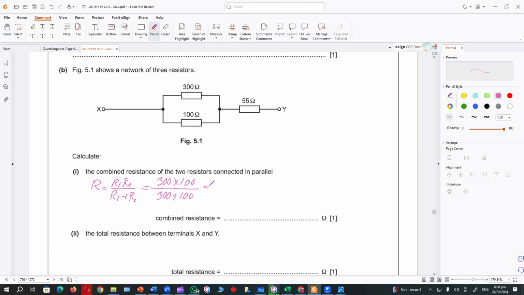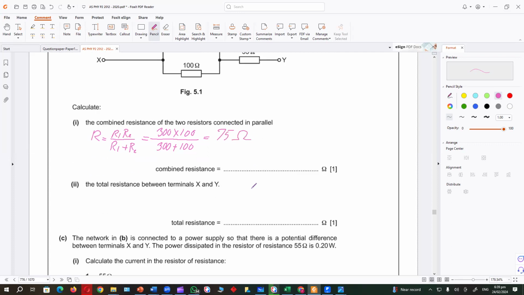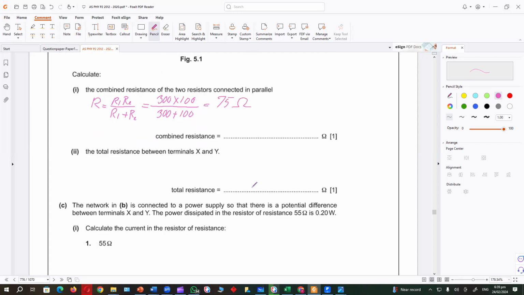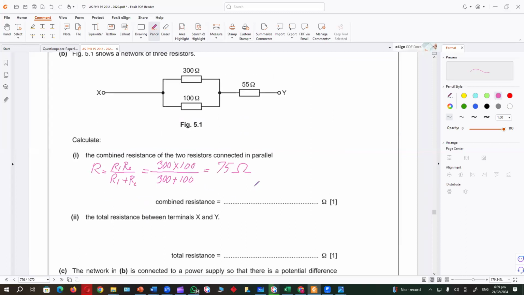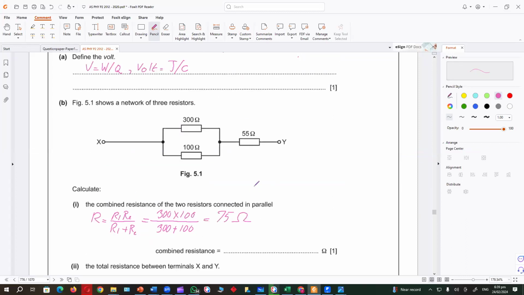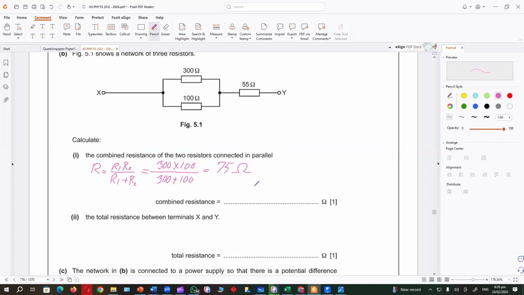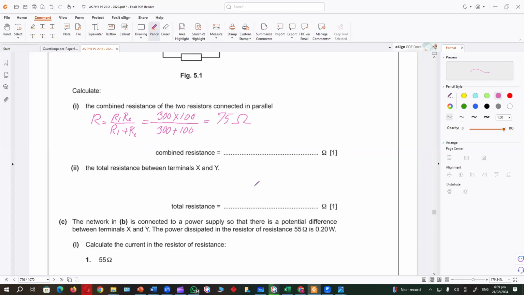So solve this and let me know the answer. 75. Very good. The total resistance between terminals X and Y: the first two are in parallel and the third, 55, is in series. So I will use the formula for series.